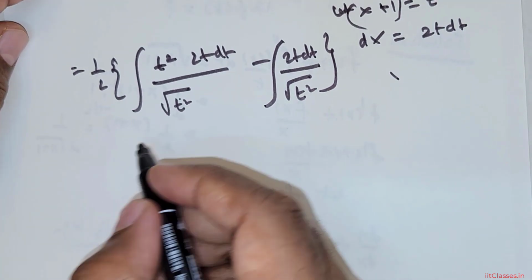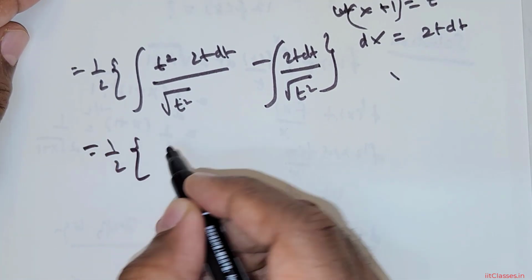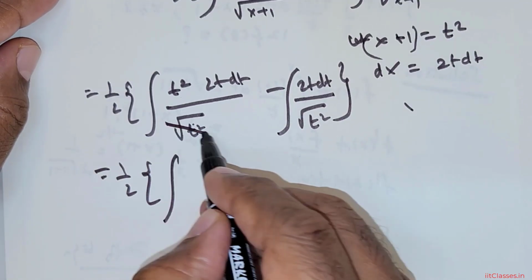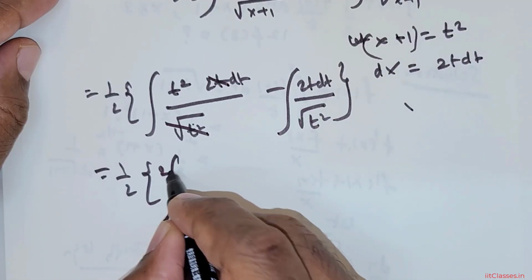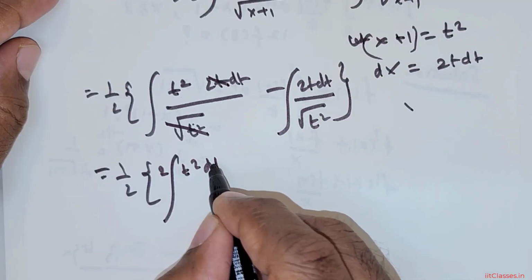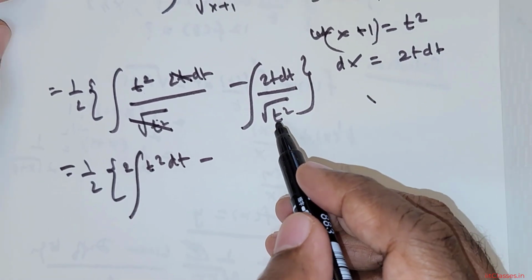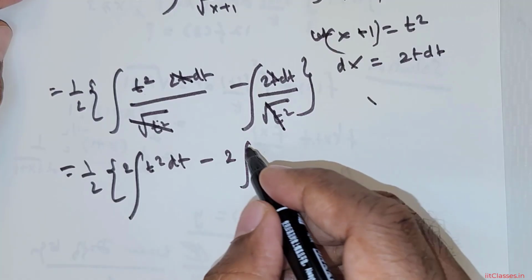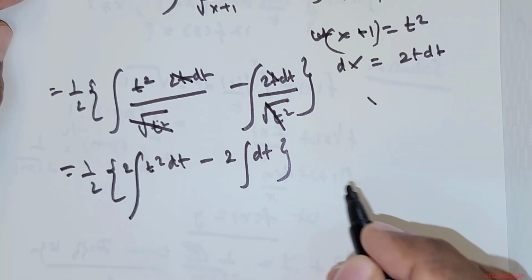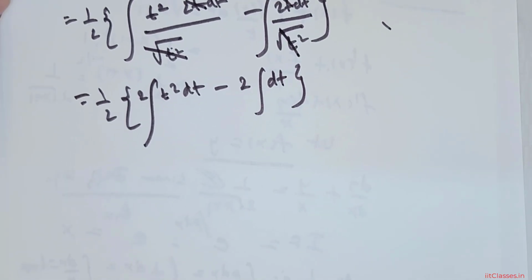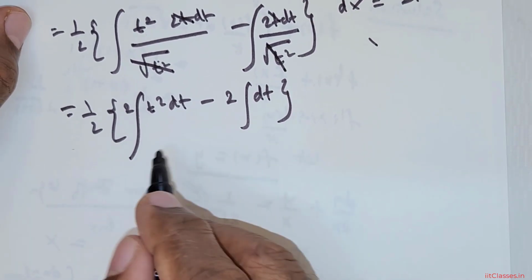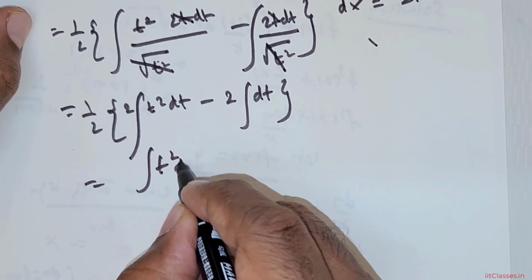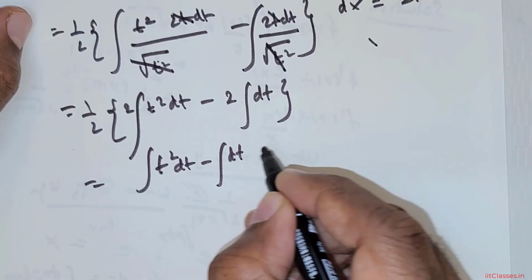Okay, so this can be rewritten as 1/2 times the integral of t squared over √(t squared), which is t, so this and this get cancelled. So you have a 2 there and you have t squared times dt, minus 2 times the integral of dt. So this can be further rewritten as, 1/2 goes in, so 2 goes off. So what you are left with is the integral of t squared dt minus the integral of dt.